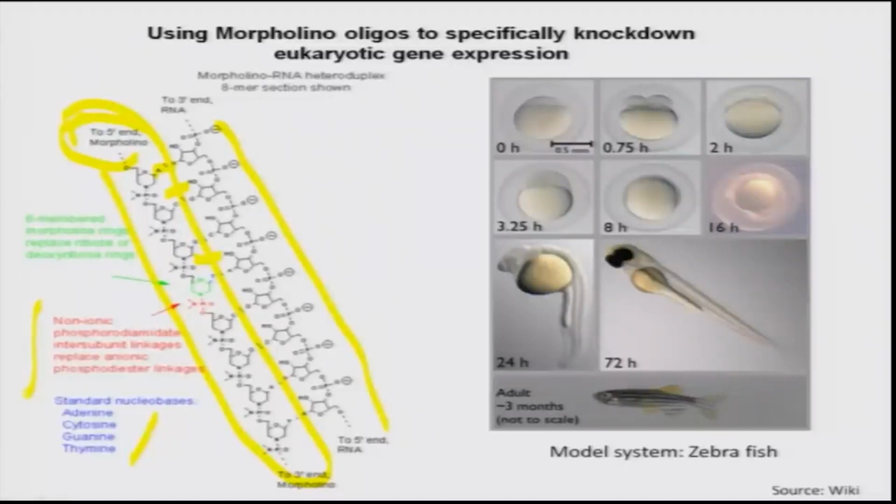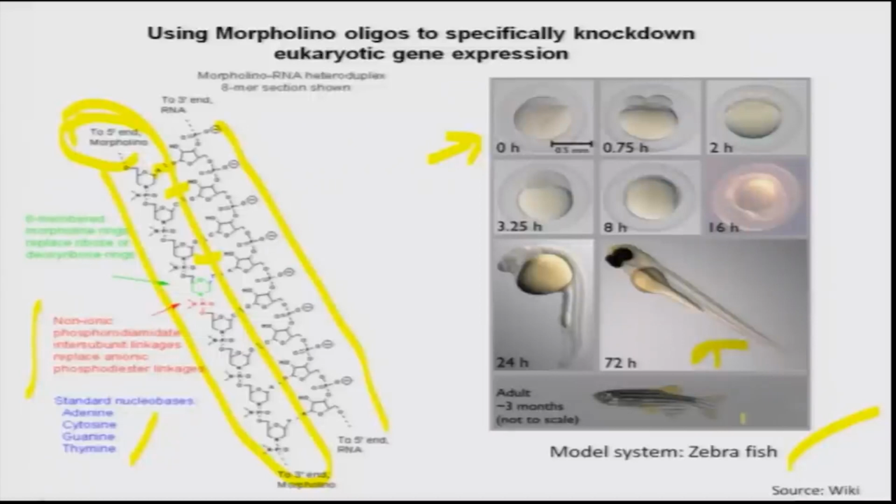And this is the assay system with which people have developed this and validated it, because these are zebrafish. These are animals that lay unfertilized eggs and sperm in the medium water, and the fertilization takes place outside, and you can see from 0, meaning just fertilized, to the formation of the young ones to the adult happens outside.